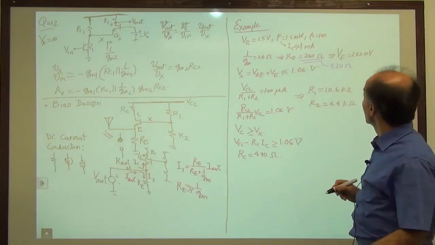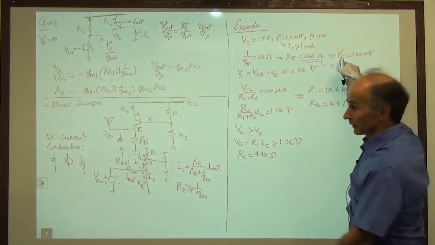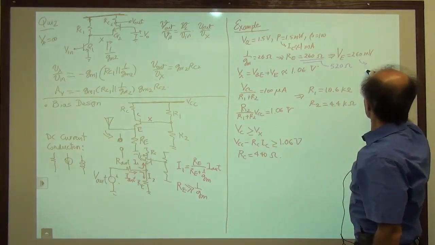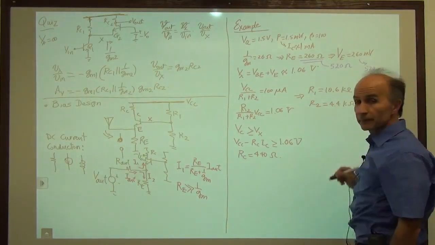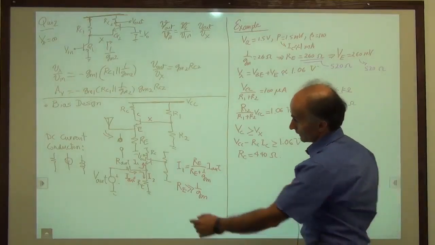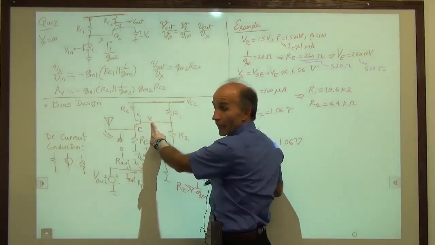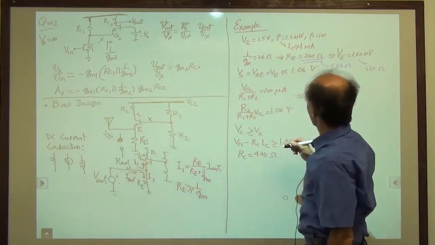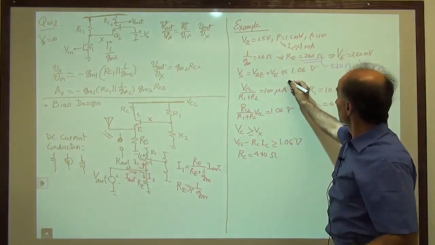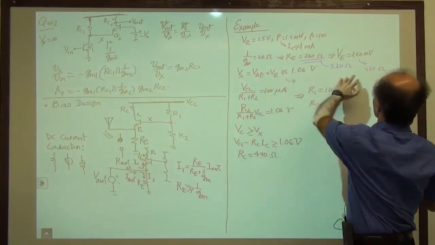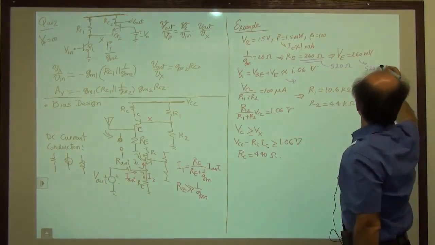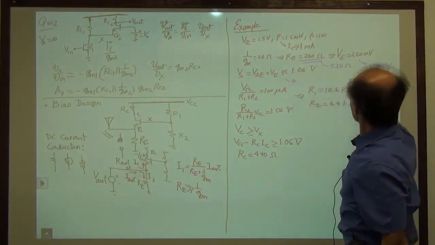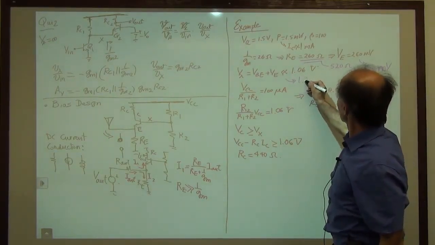Then what happens to this voltage? The DC drop here doubles, so it becomes 520 millivolts. Vx is 800 millivolts above it, so 0.8 plus 0.52, that's 1.32 volts.